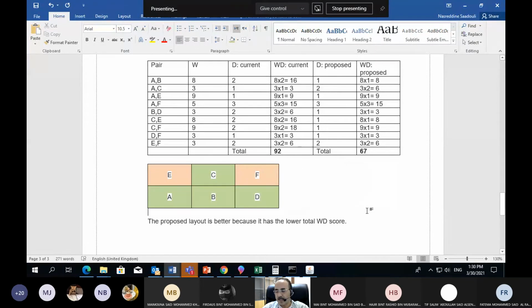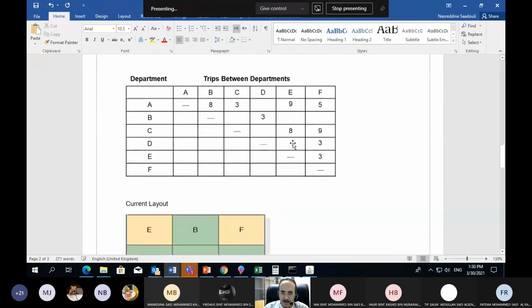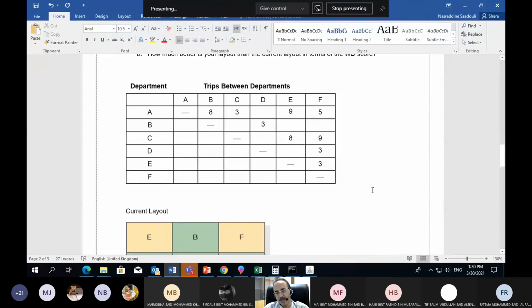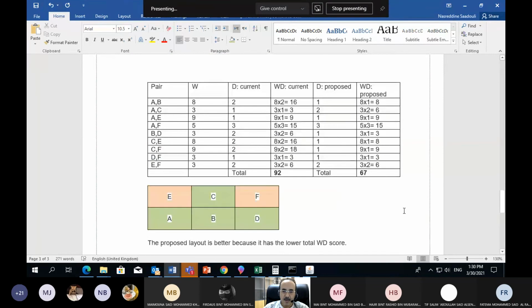When we developed this plan, we used the greedy approach, where starting from the closeness factor table, we just put those that have the highest closeness score next to each other, and that will give us a good plan.